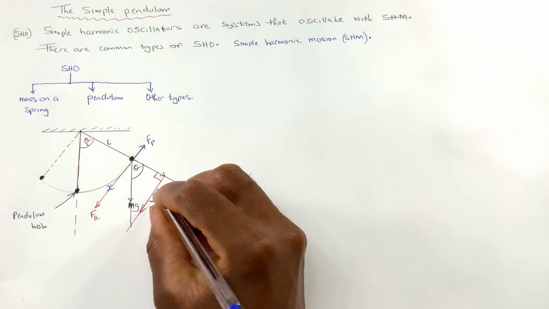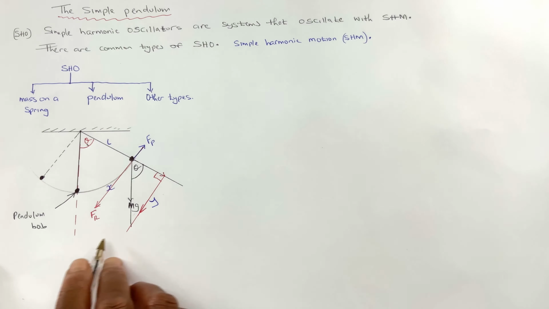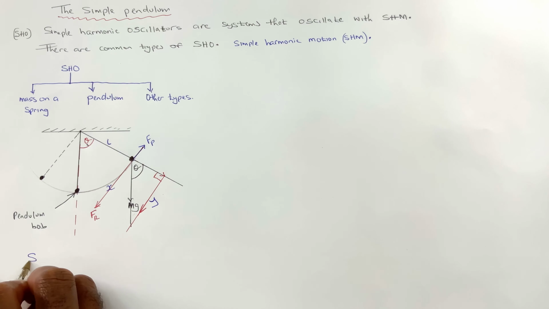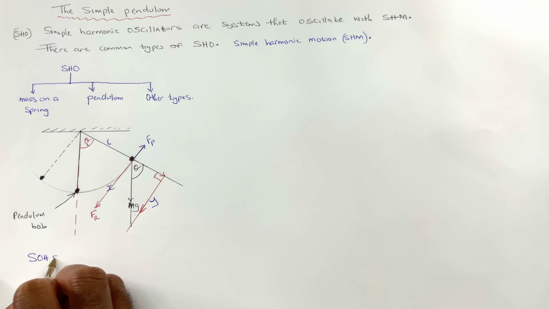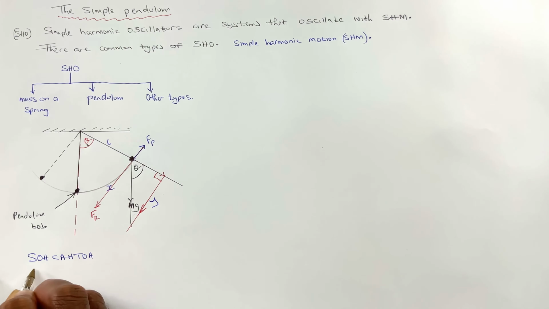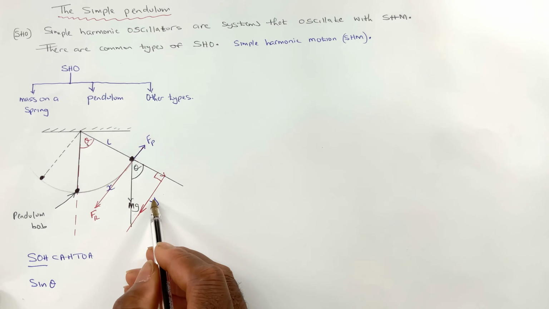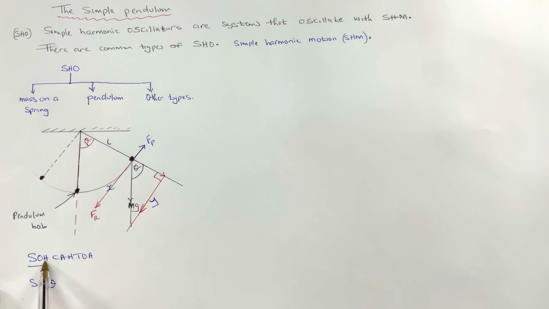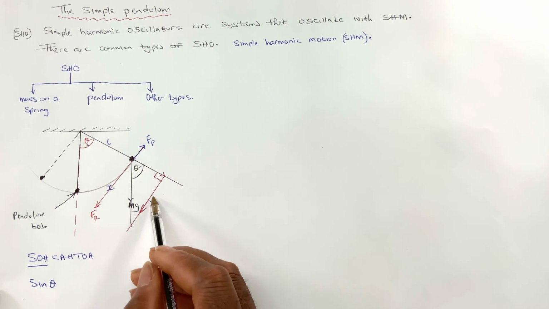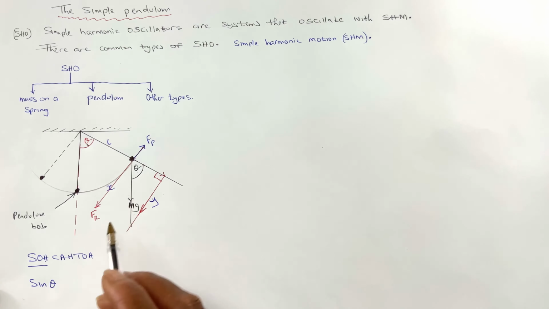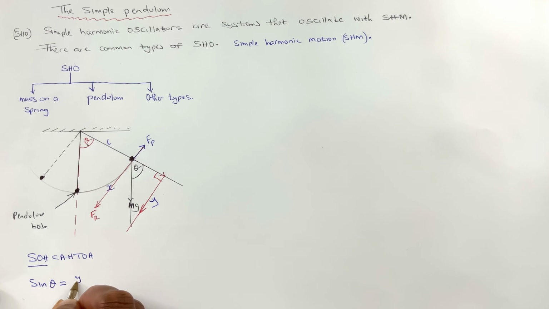Let's call that y. If I use SOHCAHTOA, and I'm using the first three, that would be sine of an angle. Sine of an angle theta is opposite over hypotenuse. That's the side opposite the angle, and that's the hypotenuse. So that would be y over mg.